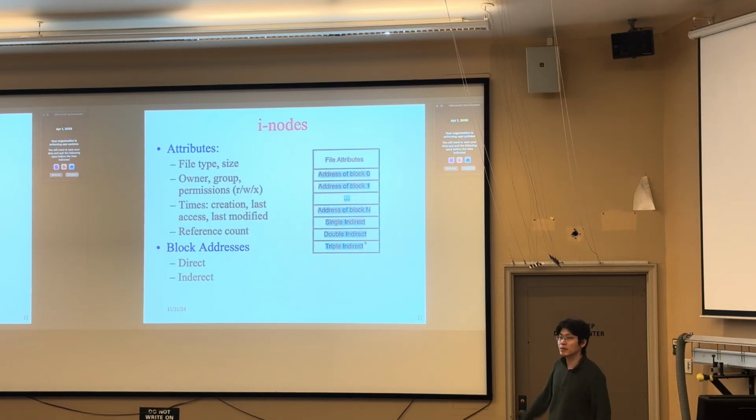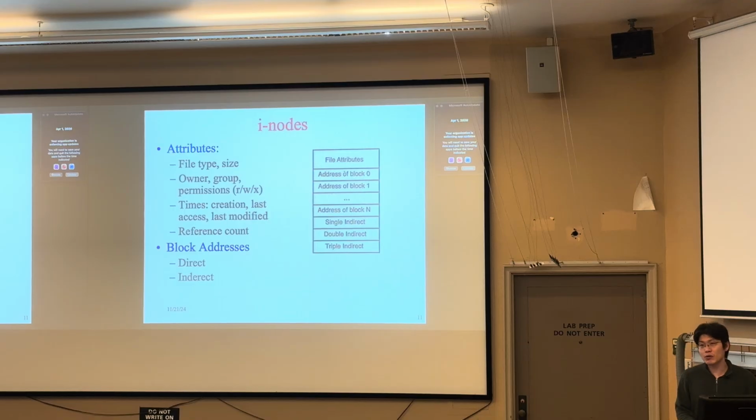This table stores the addresses of all the blocks that belong to this file. You have the address of block 0, the first block of your file, the address of block 1, the second block, and address of block n.